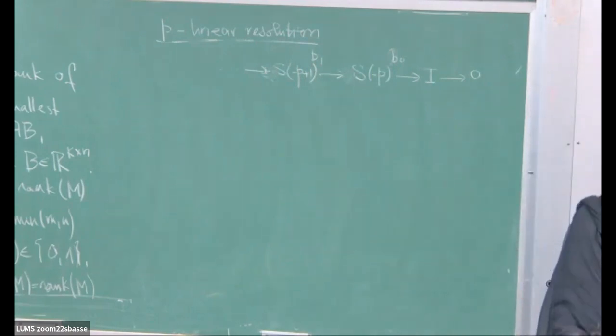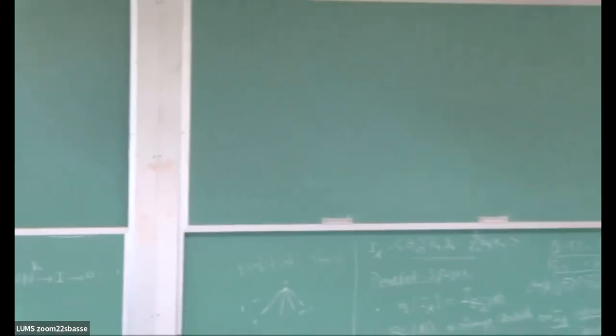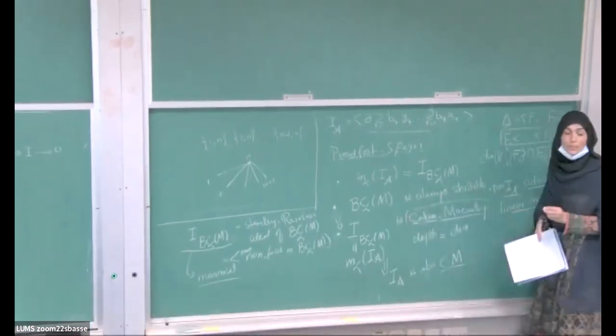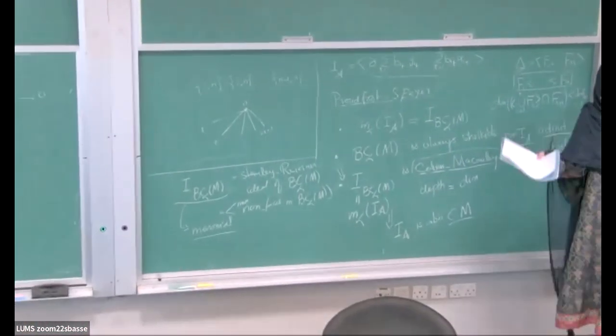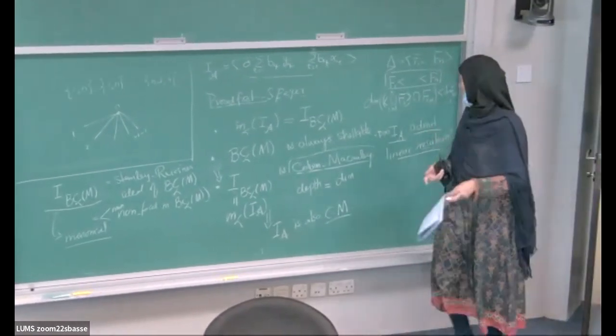Now we are talking about when this ideal admits a linear resolution. We know that our ideal is always Cohen-Macaulay. So, given that the ideal is already Cohen-Macaulay, when does it admit a linear resolution?